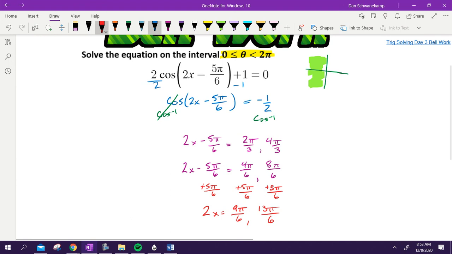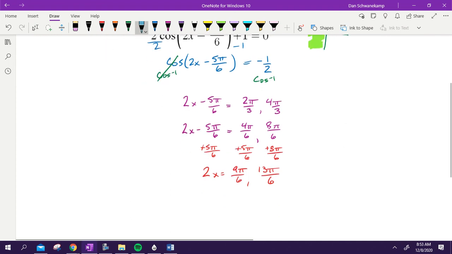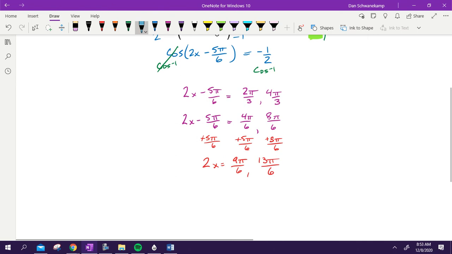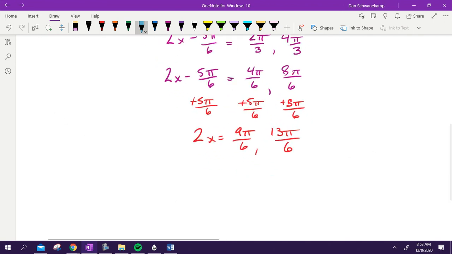At the very beginning, we said that my interval is from 0 to 2 pi. When we added, remember what adding did? Adding shifted my graph. Because it was minus 5 pi over 6, I shifted to the right 5 pi over 6. Are both of these answers between 0 and 2 pi? No.